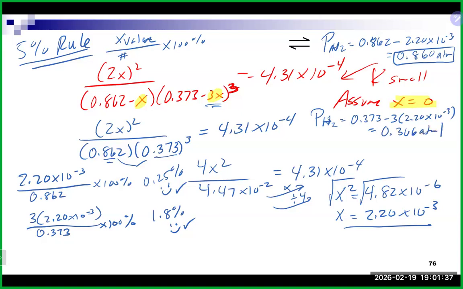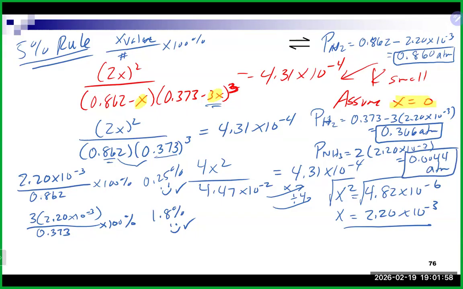0.366 atmospheres. And lastly, our pressure of NH3 was just 2 times our x value, 2.2 times 10 to the minus 3. And 2 times 2.2 times 10 to the minus 3 is going to get us 0.0044 atmospheres in this case.